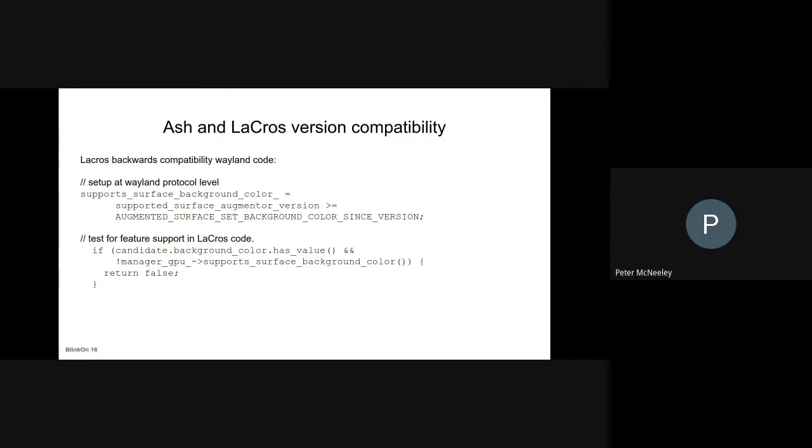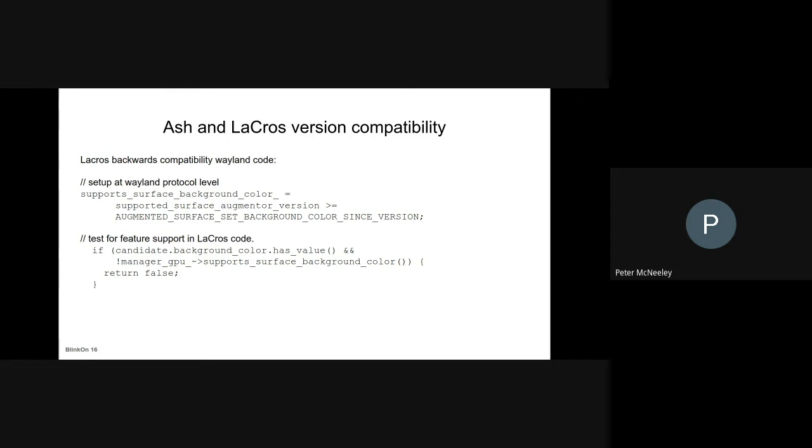So finally, an interesting result of the Lacros Ash split is that version skew between these two binaries is possible. However, our version compatibility is not bidirectional. Lacros is always expected to be newer or the same version as Ash. So a change that is only in Lacros does not require any backwards compatibility functionality.